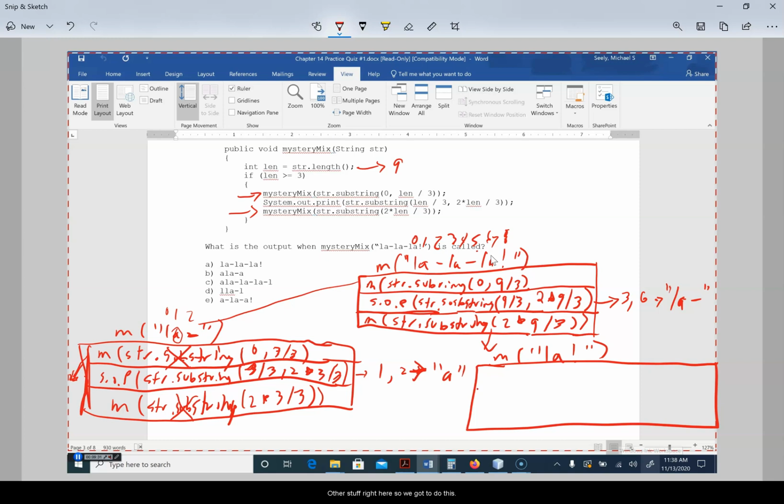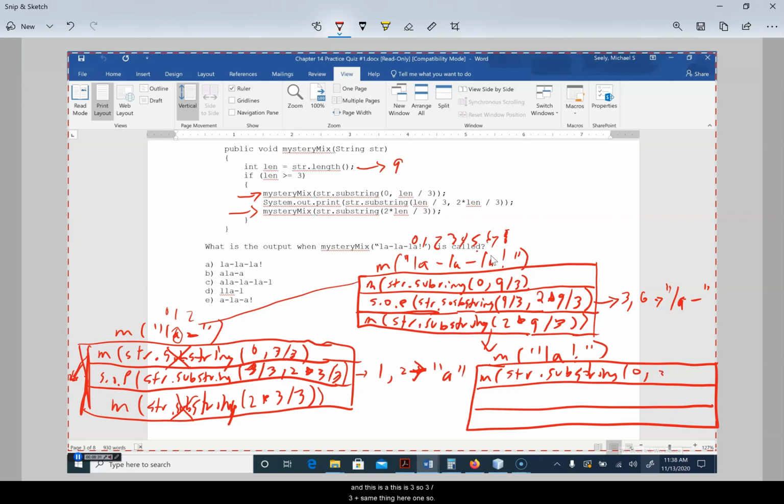So we got to do this. Hopefully I can do this. But either way, we would have M, and then str.substring, 0, comma, and this is 3.